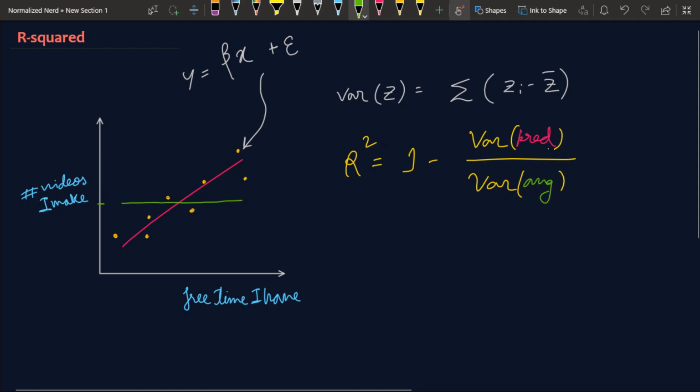So what will be the formula for both of them? Well, that is actually pretty similar to that.